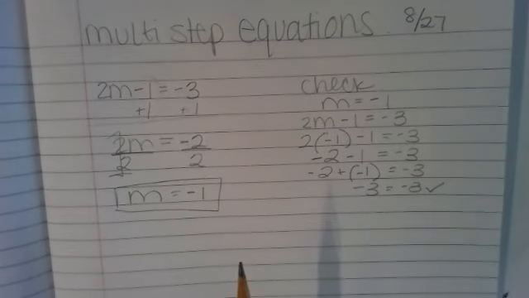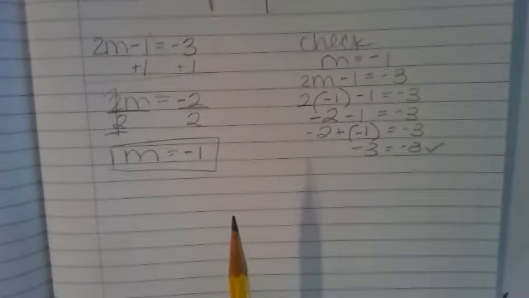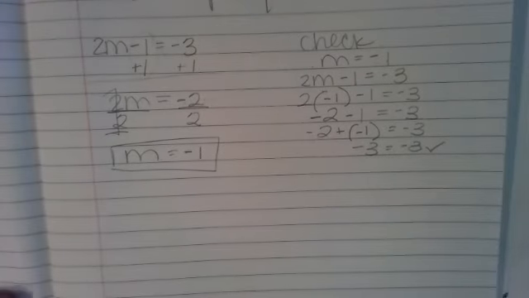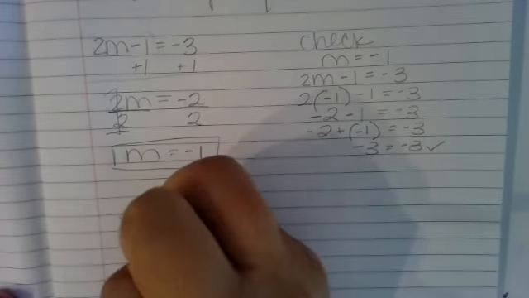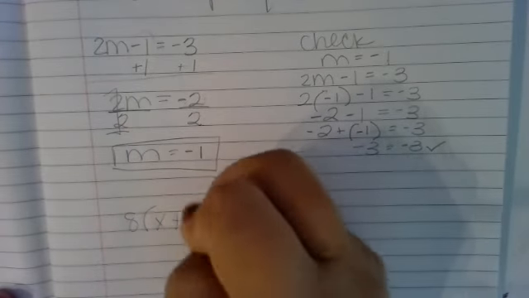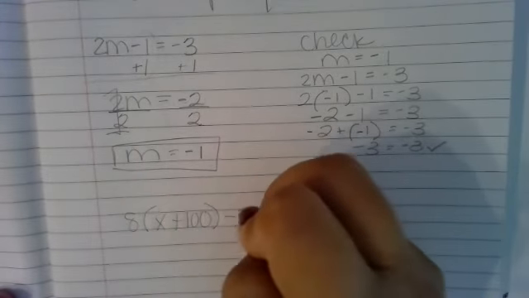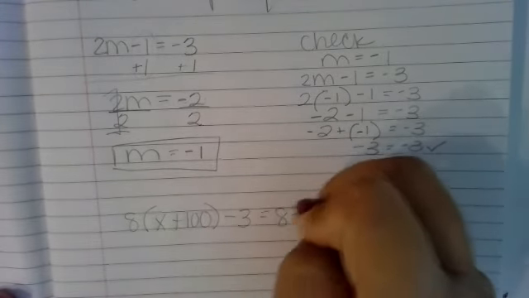Here is another example. Here we go. I have 8 times the quantity of x plus 100, minus 3 is equal to 837.